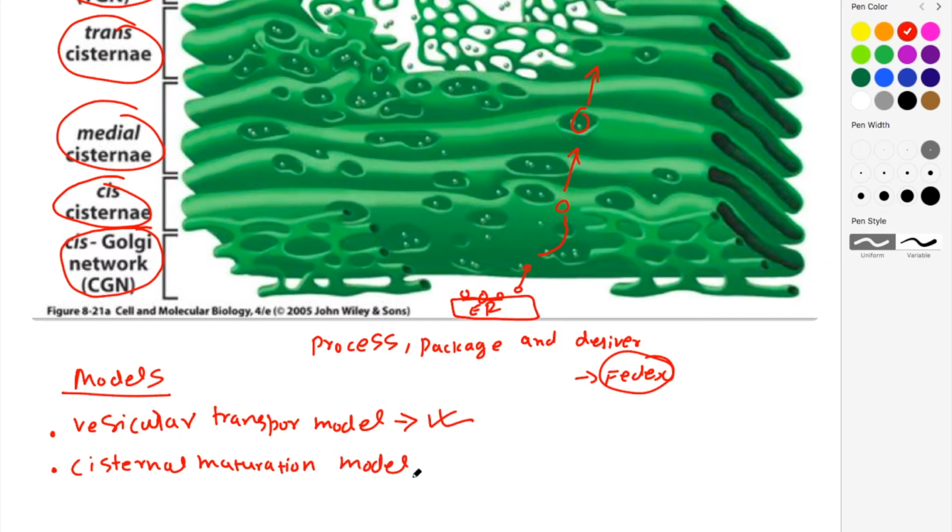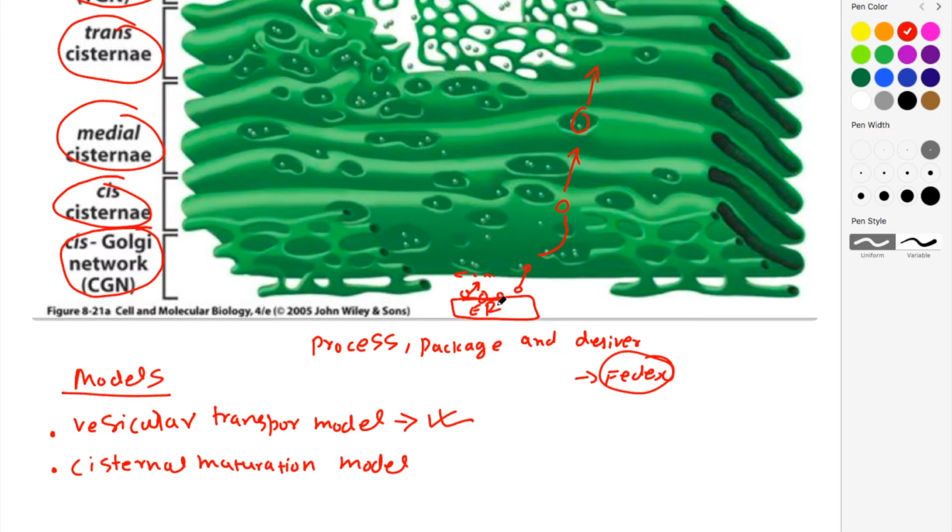Another model is the cisternal maturation model, in which the cis Golgi network matures into a medial cisternae, and it eventually matures into a trans cisternae or trans Golgi network, and eventually it disappears. Other vesicles go from here and fuse to the cis side, and they form the cis cisternae.